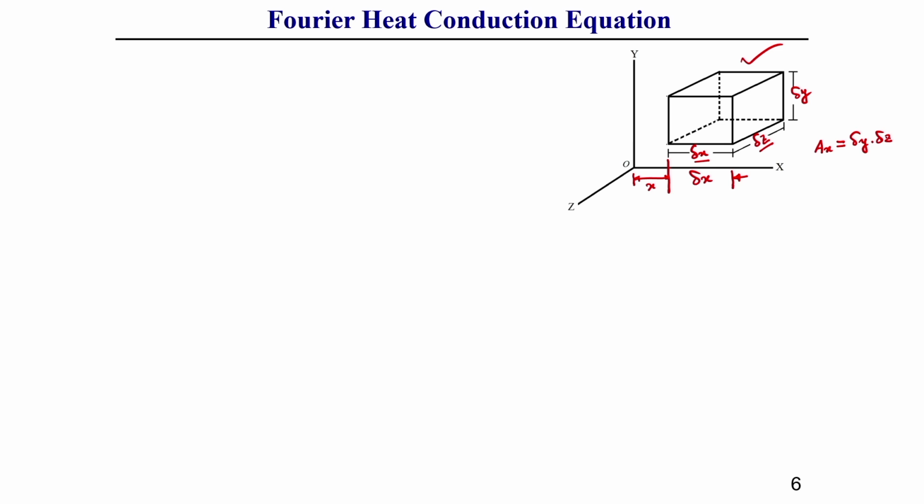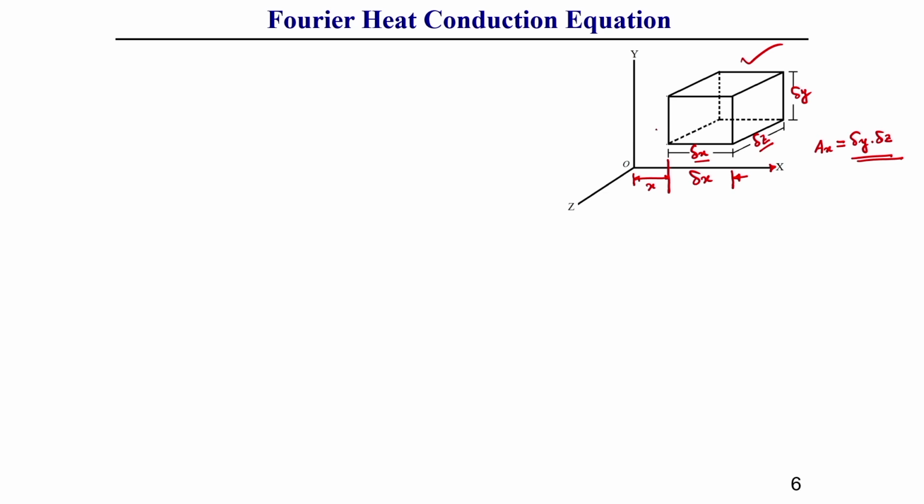How is it coming? Generally the cross sectional area Ax is the area which is perpendicular to that axis. So, for the x axis, the perpendicular area is Ax, which is delta y times delta z. Due to heat conduction, how is the heat flowing at a distance x and at a distance x plus delta x, that first of all I will discuss.